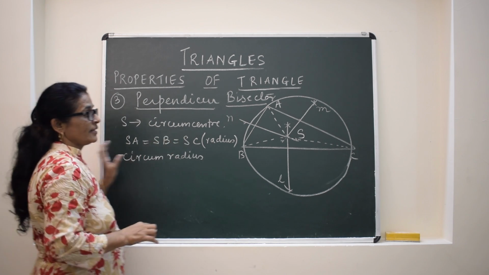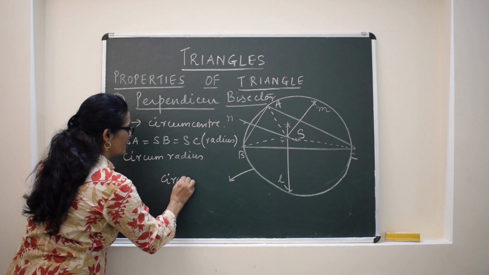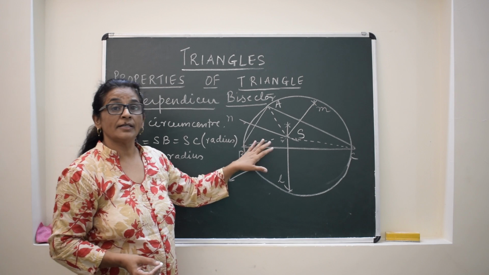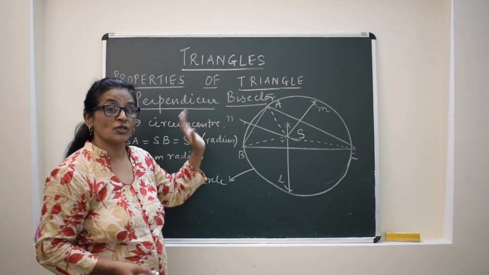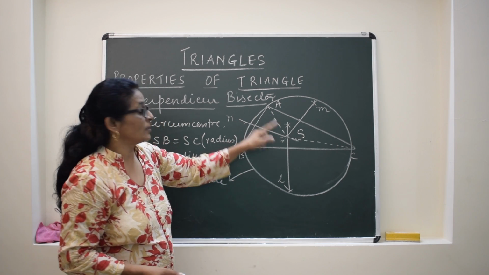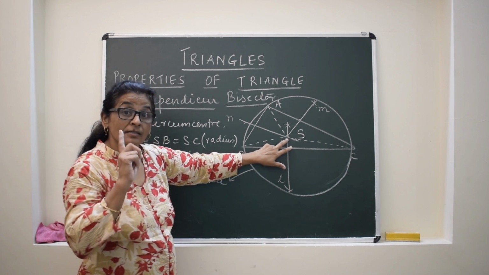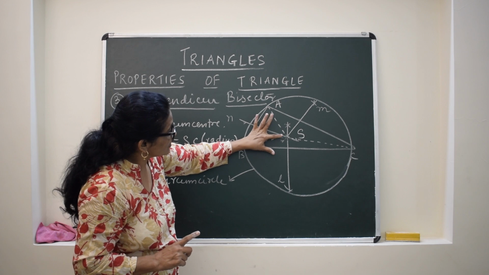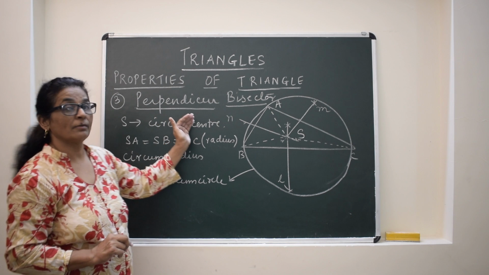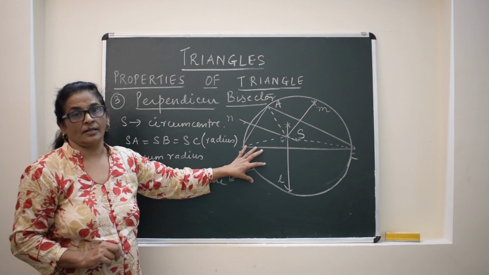And this circle is called the circumcircle, which touches all three vertices of the triangle. The center is the circumcenter, and the distance of the circumcenter from each vertex is called the circumradius. So we have learned what a perpendicular bisector is, and what circumcenter, circumradius and circumcircle are.